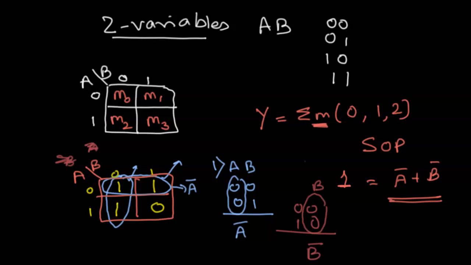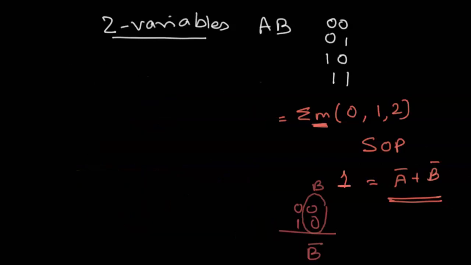But how is this the most simplified form of my Boolean expression? Let me explain. Let's say we have 0, 1 and 2. What does this mean? That means we have A bar B bar, because the SOP is a sum of products, plus A bar B, plus A B bar.